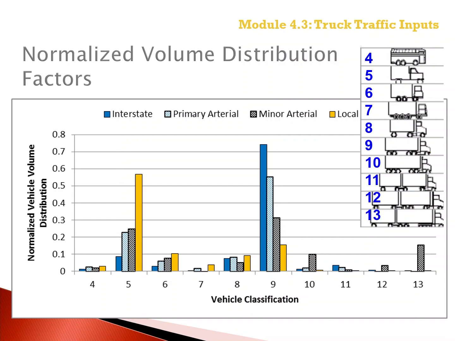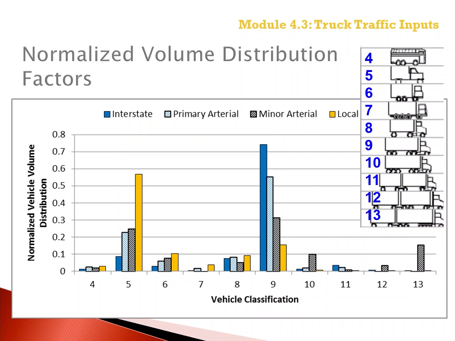The graph shown on this slide is a bar chart illustrating an example of a normalized vehicle volume distribution. The volume distribution percentages vary by type of roadway, which could include interstates, primary arterials, minor arterials, and local collector routes. The normalized vehicle volume distribution does impact pavement performance.